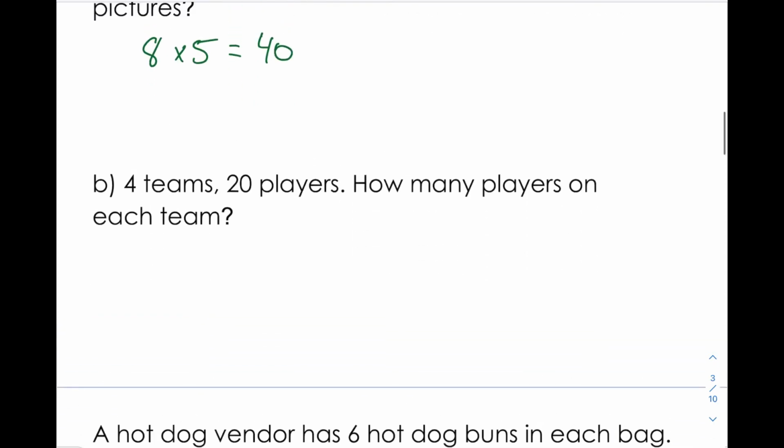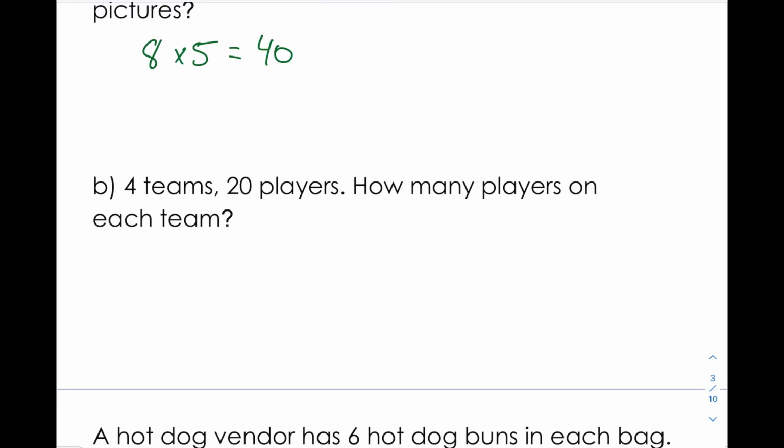Now here we don't know how many on each team. We know that there are 4 teams, and we know that there are 20 players altogether. So this one's a little bit trickier because it's not the total, the product, that we are looking for. We're looking for this missing number here.